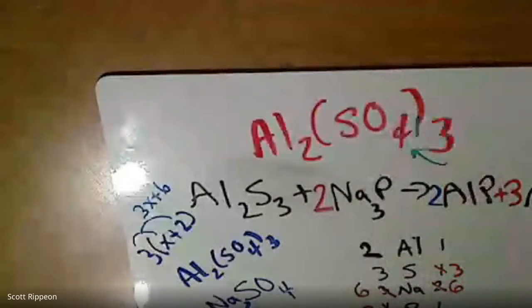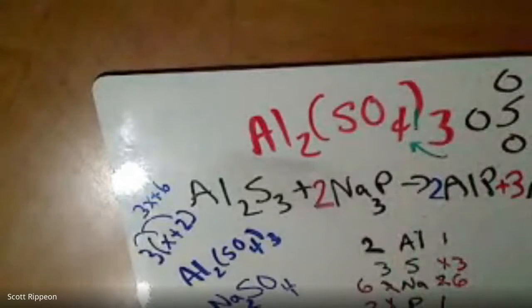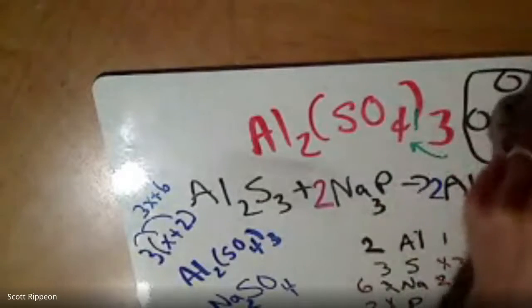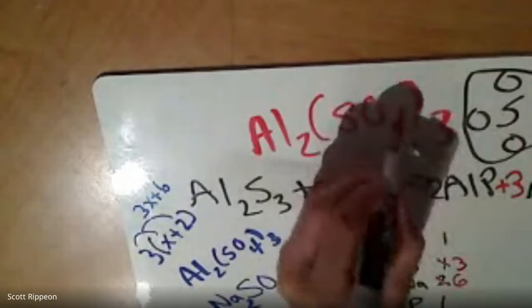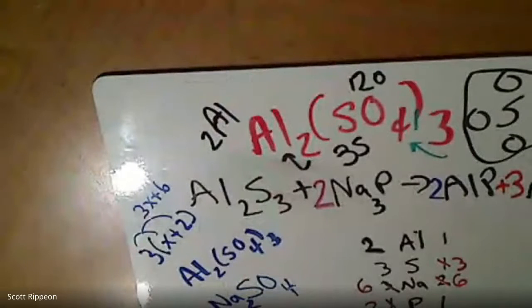In other words, an SO4 is a sulfur with 4 oxygen hooked to it. And I've got 3 of that. So that means that I have got 12 oxygen. And that means that I've got 3 sulfurs, and it still means that I have 2 aluminums. Okay? A little weird, but it'll get easier.